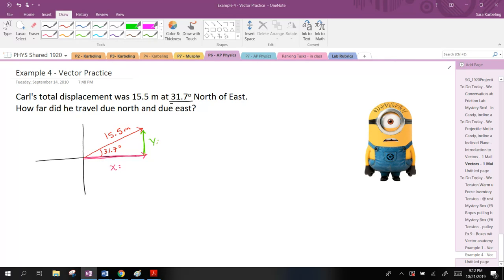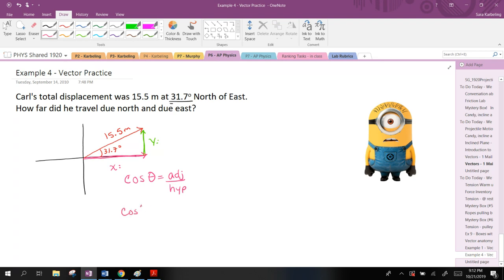So in order to find X, it's going to be the adjacent side. I know my hypotenuse and I know my angle. Adjacent, hypotenuse, and angle, that's cosine. The cosine of theta is equal to the adjacent side, that's the one I don't know, divided by the hypotenuse.